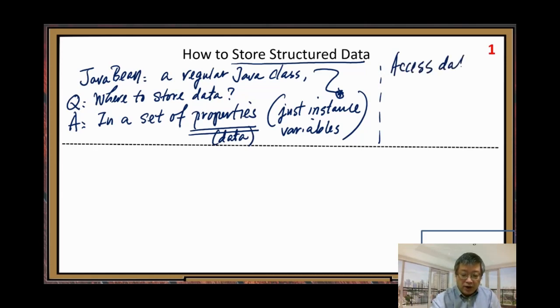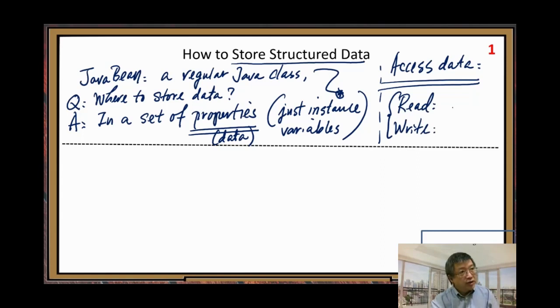How to access data, right? You need to build your JavaBean to support data access. How? Read and write. Usually the access operations are of two types: a read operation and a write operation.